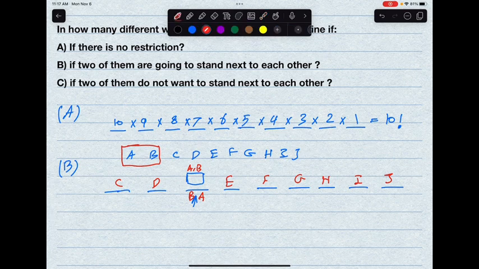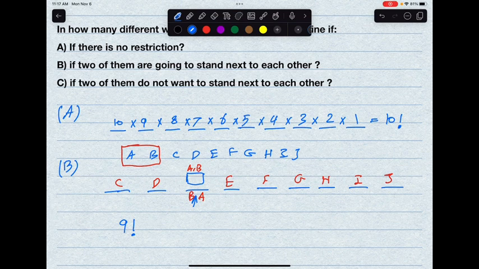So here, when 9 units stand in a line, there's no restriction, so it's just 9 factorial. In 9 factorial ways, I can arrange 9 units in a line.